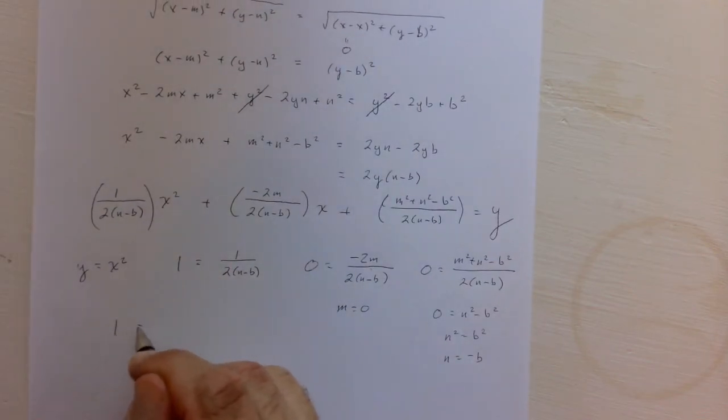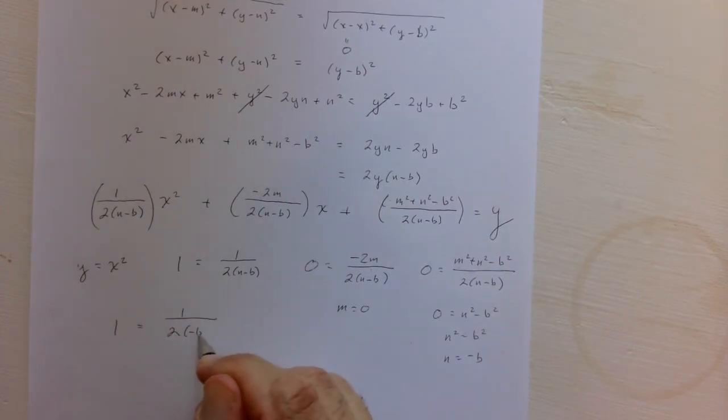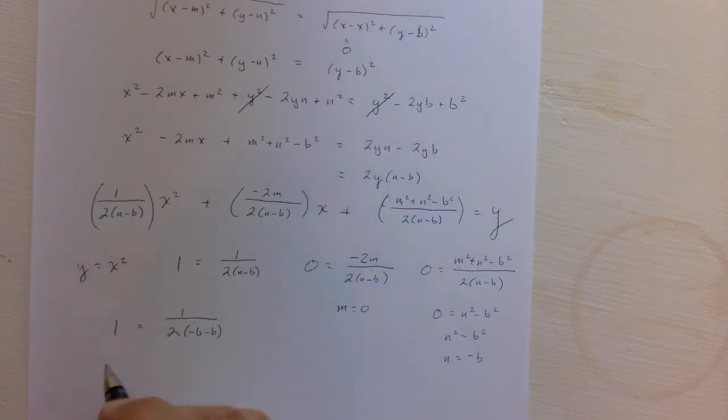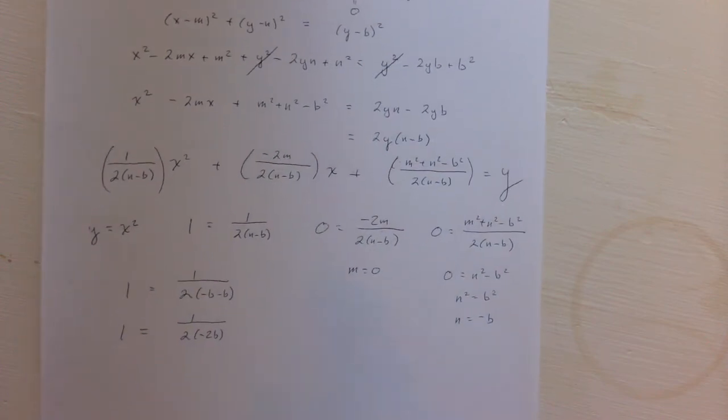We get 1 equals 1 over 2 times (minus b minus b), so minus 4b equals 1, so b equals negative 1/4.